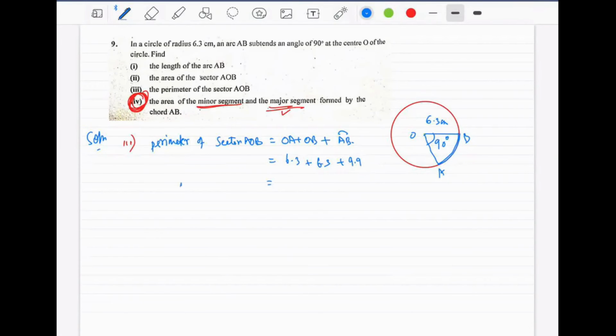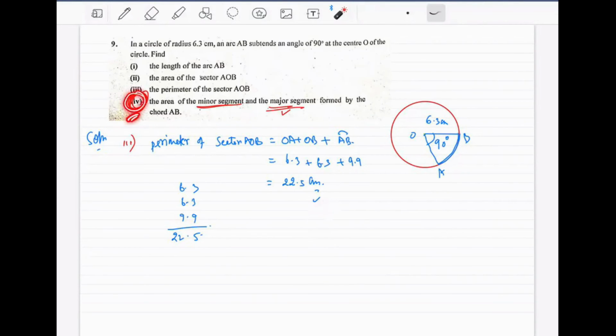You add them: 6.3, 6.3, 9.9. 3 and 6, 6 and 9, it's 5. 1 carry. 6, 6, 12, 21, and it's 22. So final value will be how much? 22.5 centimeter. Right.